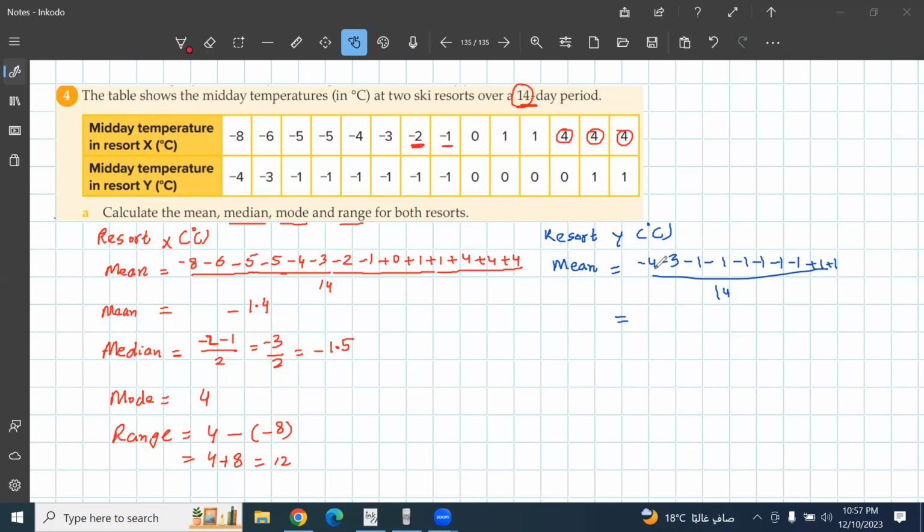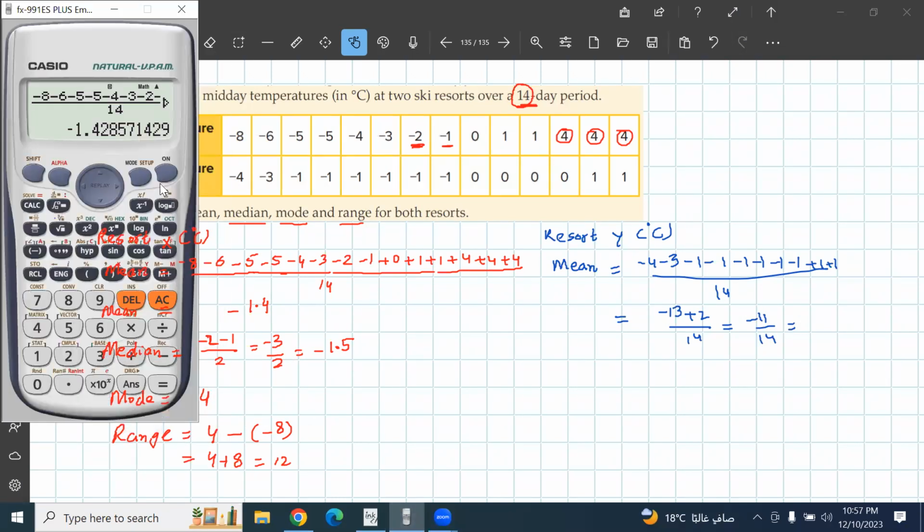So here we have -4, -3, -7, -8, -9, -10, -11, -12, and -13. So -13 plus 2 is equal to -11 over 14. And if we check this in the calculator, what does it give us?